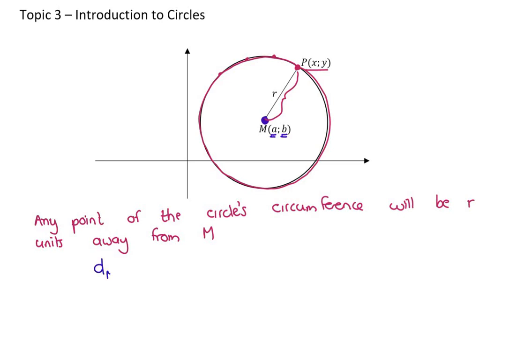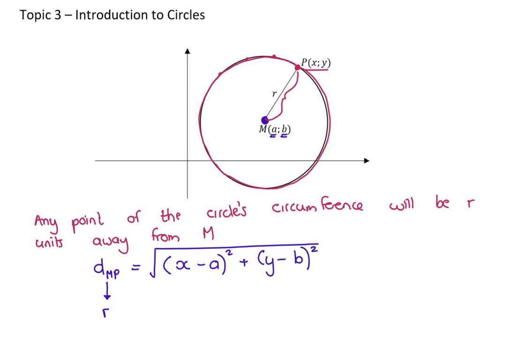So the distance from M to any point P on the circumference of the circle will be given by the distance formula. Now I know that distance from the center to P has to be r. And how do we work it out? Well, it's the x value minus the center's x value squared, plus the y value of the point minus the y value of the center squared.